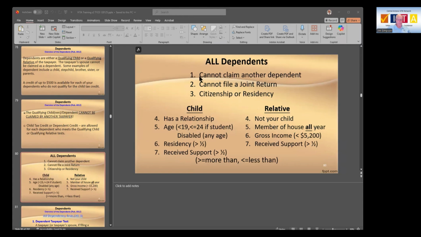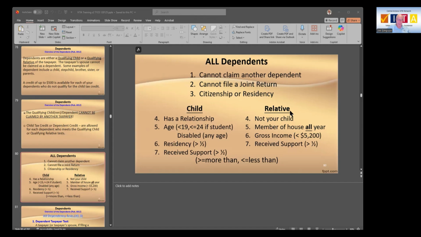So all dependents cannot claim another dependent. If they're your dependent, they can't claim somebody else. They can't file a joint return unless it's simply to get a refund of taxes withheld. They have to be a citizen or resident. And here's a summary of child versus relative. The big thing to remember here is the qualified relationships.